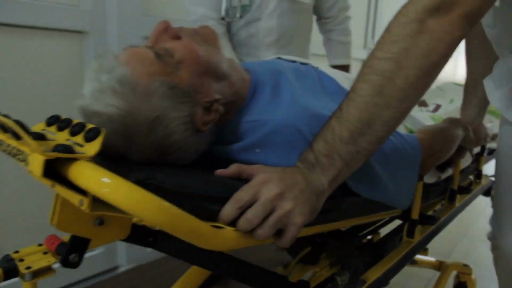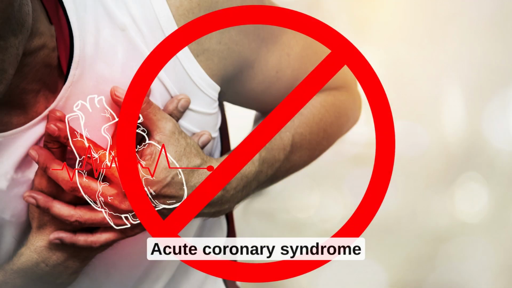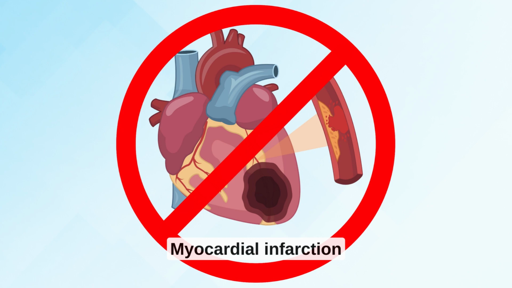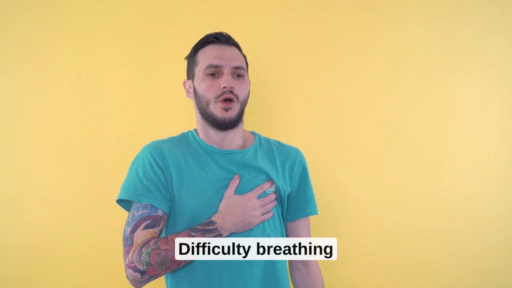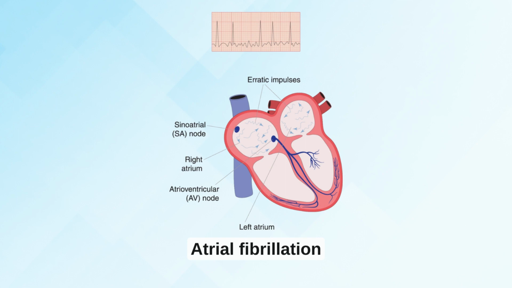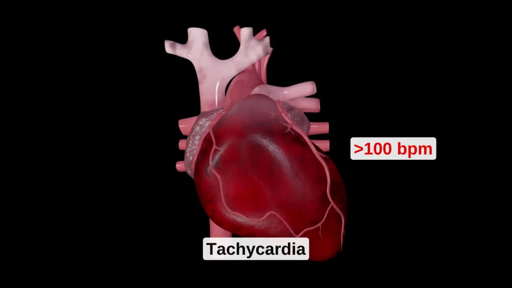Let's say that the patient does not have acute coronary syndrome, so no myocardial infarction. Then another very common cause of this difficulty breathing can be atrial fibrillation. And atrial fibrillation, as we know, has sometimes very fast beats.